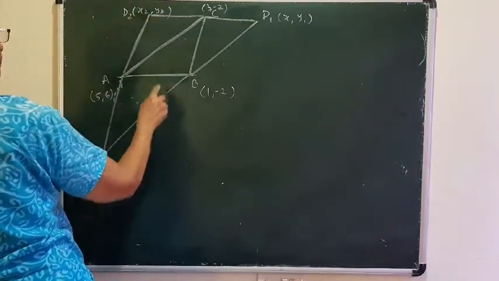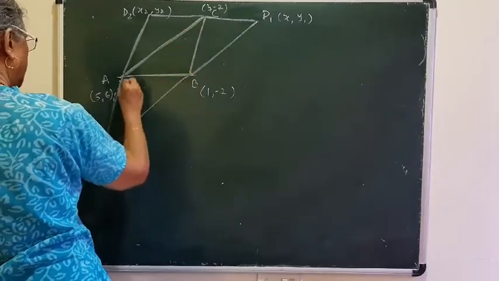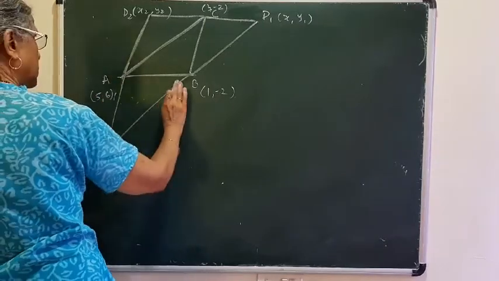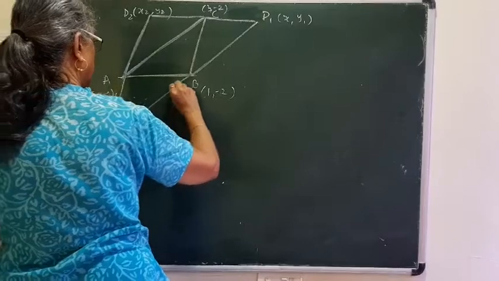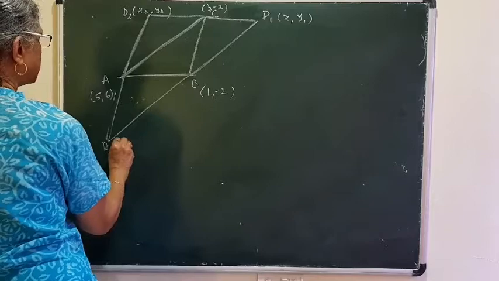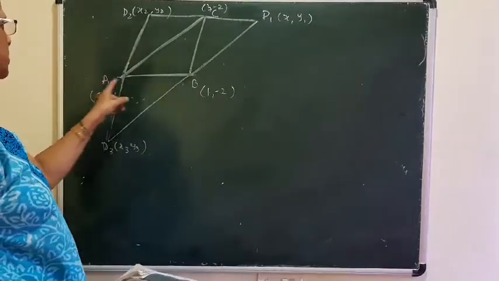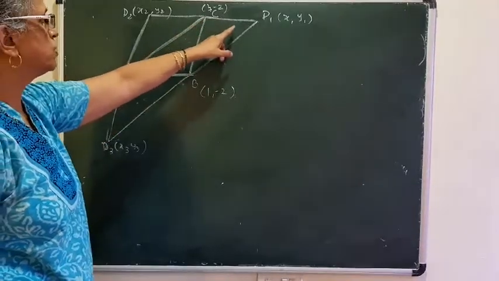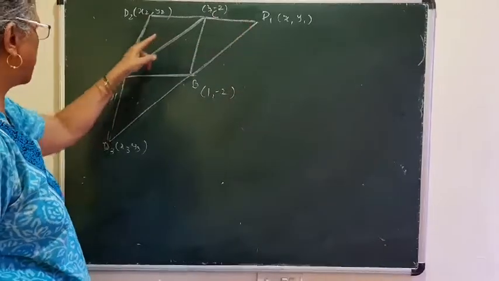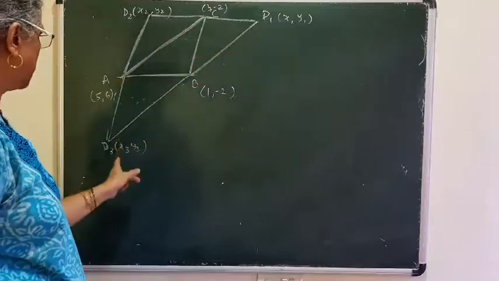And third position, that is, this is the parallelogram. So the third position, here D3 having coordinates x3, y3. Followed? So that is how you have to draw the figure. A, B, C are given. You have to show the possible positions of D1, D2, D3 considering their coordinates x1, y1, x2, y2, x3, y3. So what is our question? We have to find out x1, y1, x2, y2 and x3, y3.